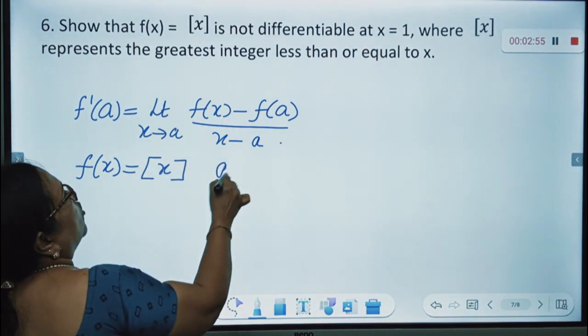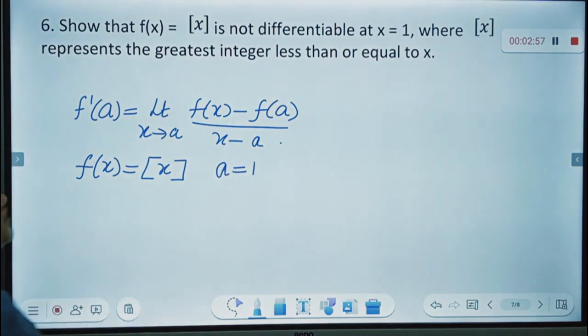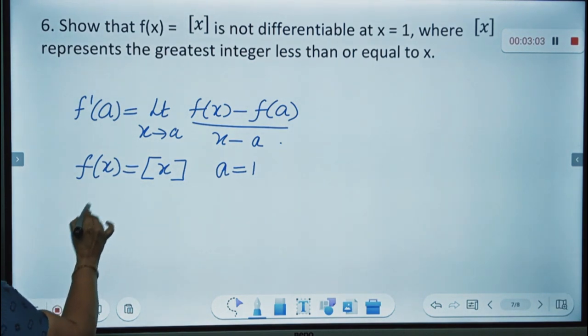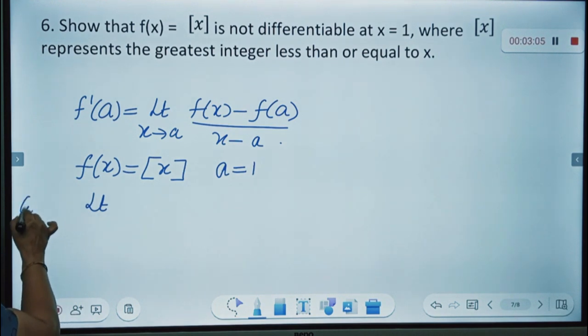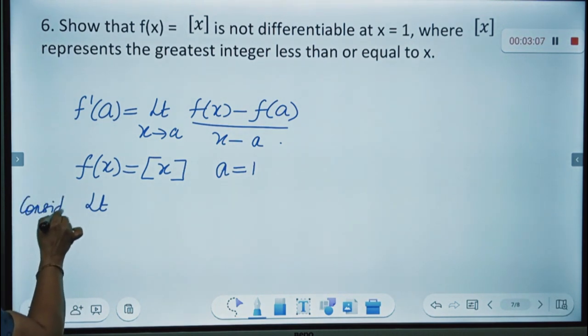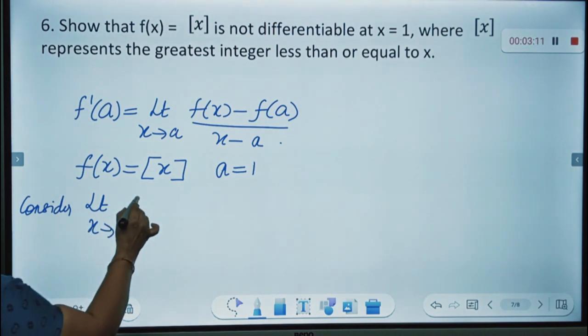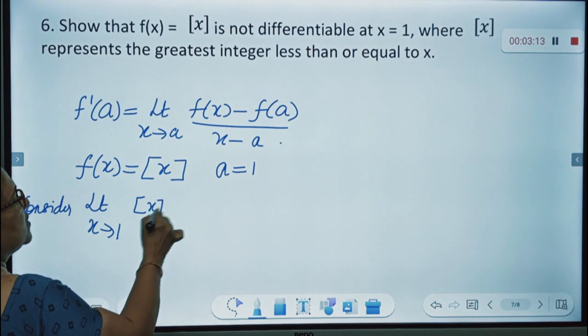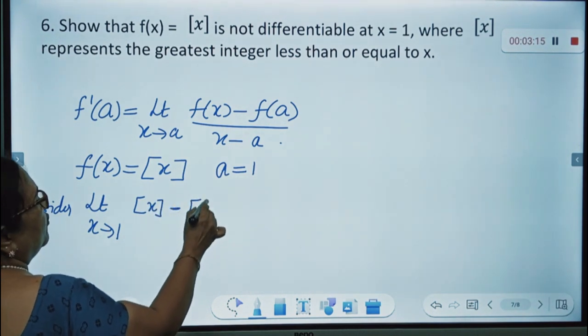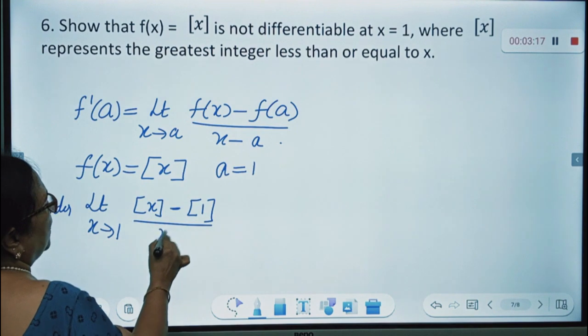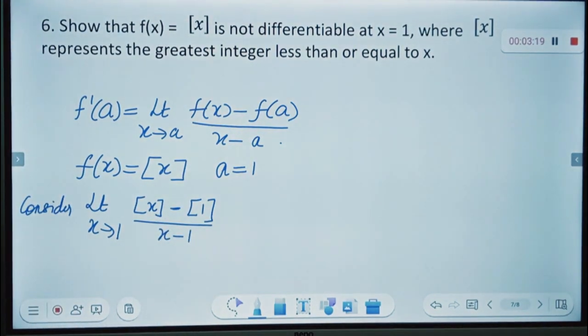Here a equal to 1. You want to check differentiability at a equal to 1, so I am directly checking whether it is differentiable. That means I have to consider the limit as x tends to 1 of square bracket of x minus square bracket of 1 by x minus 1. A is 1, so f of a will be square bracket of 1.